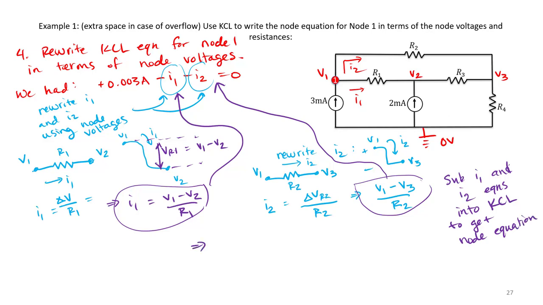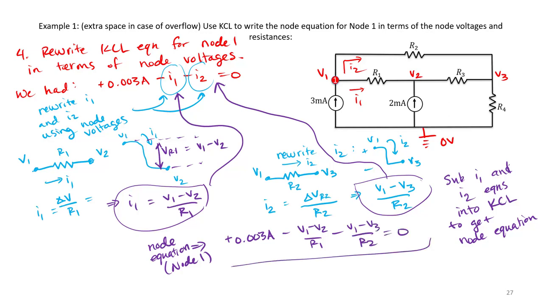And if we do that, we get the node equation for node 1 is going to be equal to plus 0.003 amps minus (V1 minus V2) over R1 minus (V1 minus V3) over R2 equals 0. That is our node equation. If I were to ask you to write a node equation like this on an exam or on a homework assignment, this is what I would be looking for.